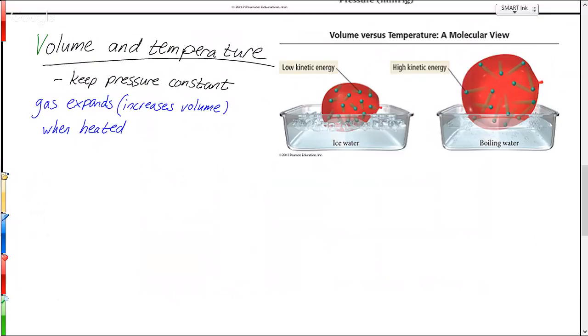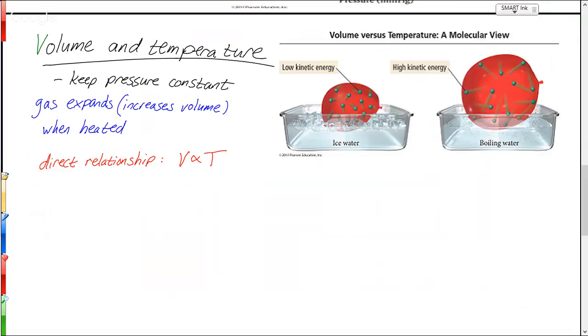So this tells us that there's a direct relationship. When one goes up, the other one goes up. The volume is proportional to temperature.